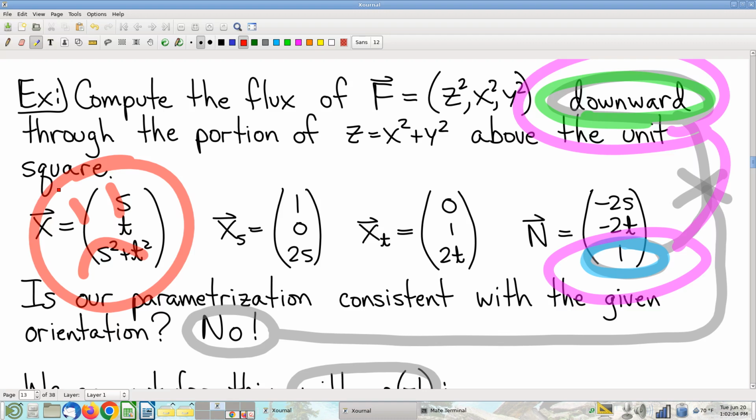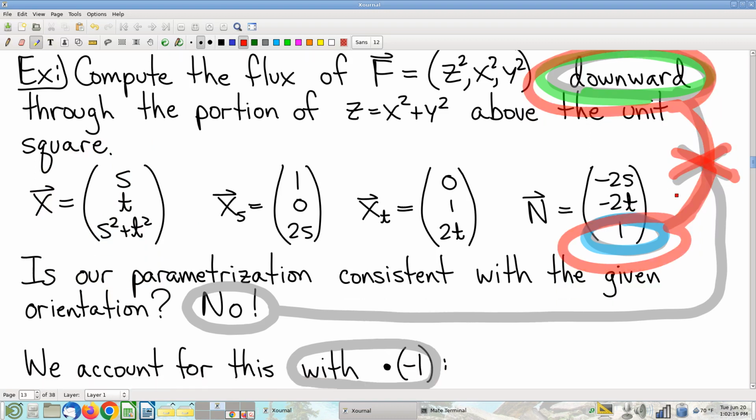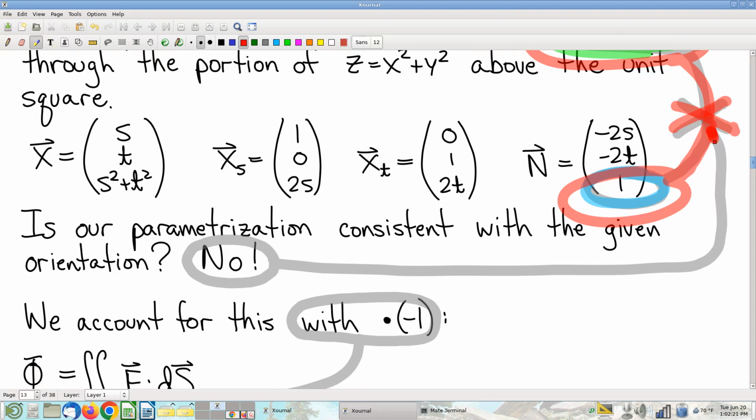Now, good news, you don't have to start over. You don't have to re-parameterize and hope that you parameterize correctly the next time. Just stick with what you've got, but recognizing that these are opposites. I'm just going to observe that, no, I parameterized the wrong way.